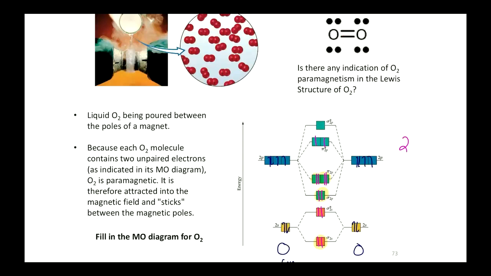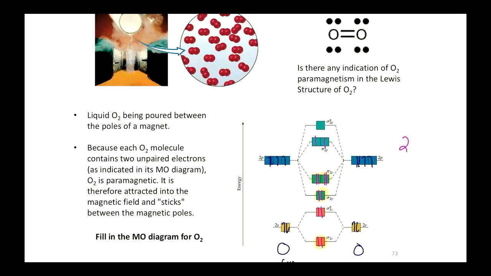But if we talk about the magnetism of oxygen based upon this MO diagram, is diatomic oxygen diamagnetic or paramagnetic? It's paramagnetic, meaning that there are unpaired electrons in the MO diagram. Does the Lewis structure indicate anything about unpaired electrons? No, it looks like everything's paired. There are 4 lone pairs and electron pairs in the bonds.